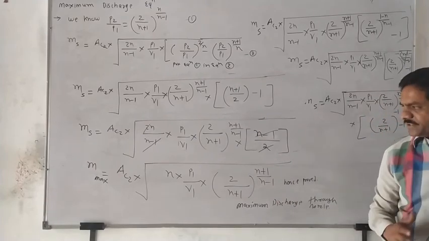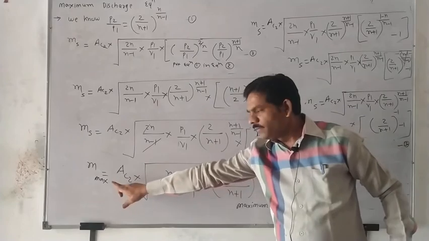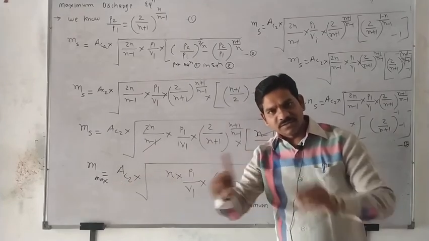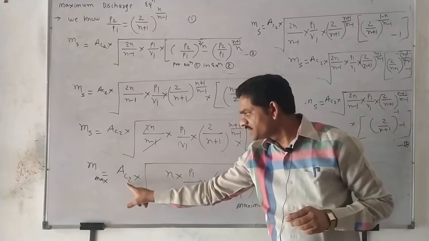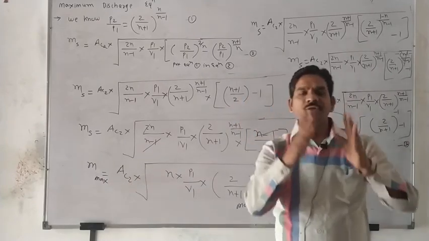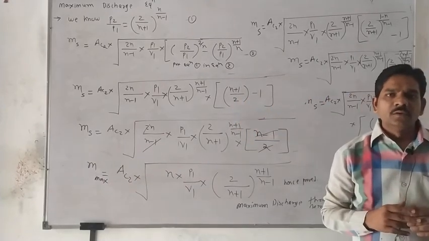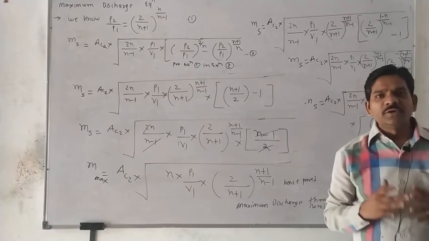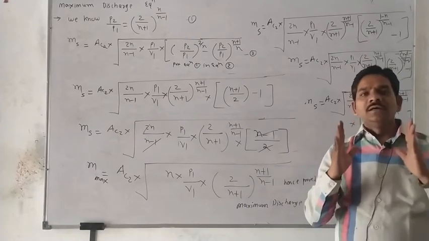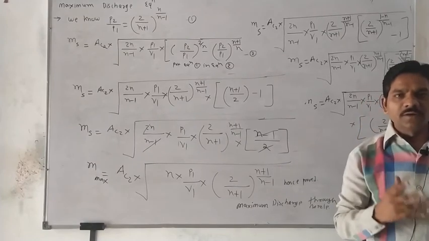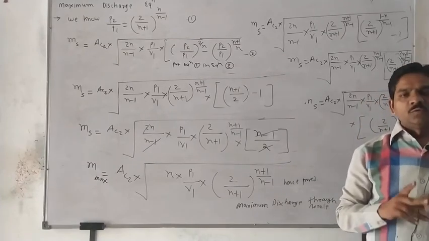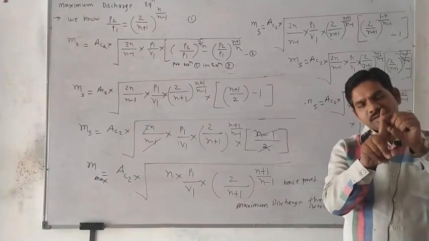Our conclusion is the maximum mass flow rate. First conclusion: the maximum mass flow rate depends upon the A_c2. So what is A_c2? A_c2 is the cross-sectional area of the throat. So mass flow rate depends upon the throat area.